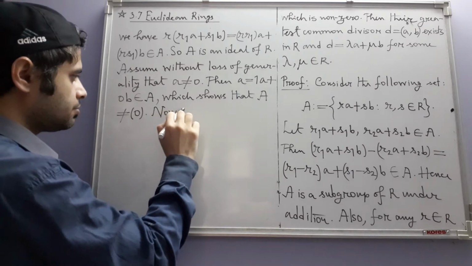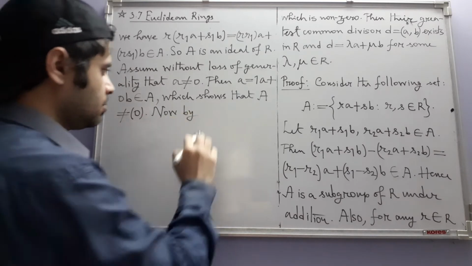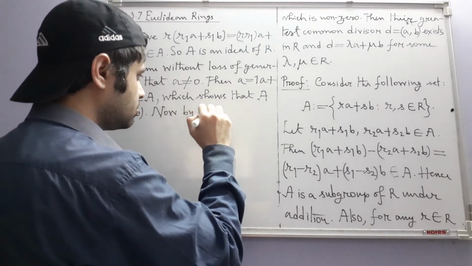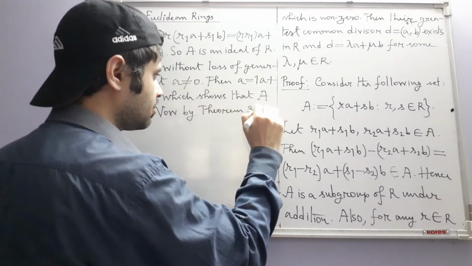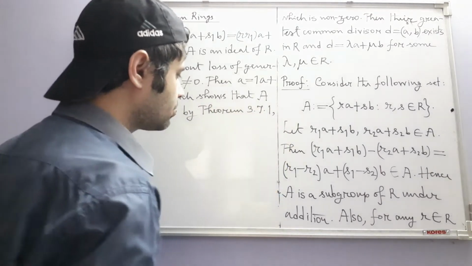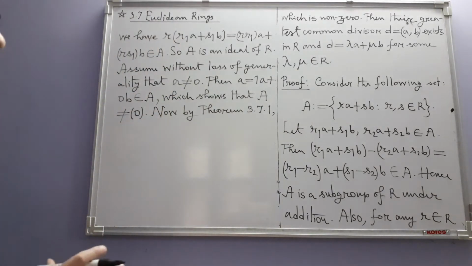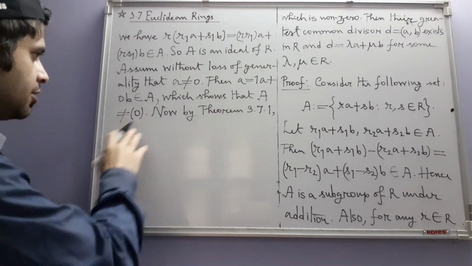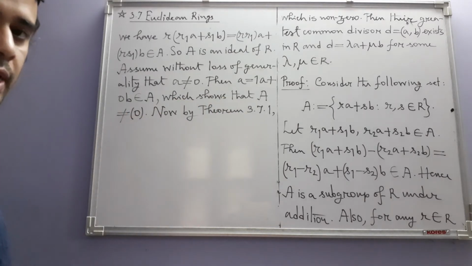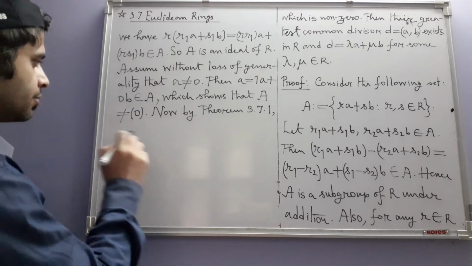Now, by theorem 371, we invoke the result that every ideal in a Euclidean ring is a principal ideal, but at the same time our ideal is non-zero. So that means it will be generated by a non-zero element.